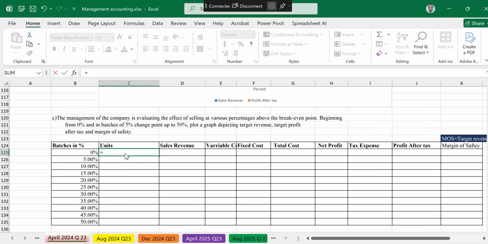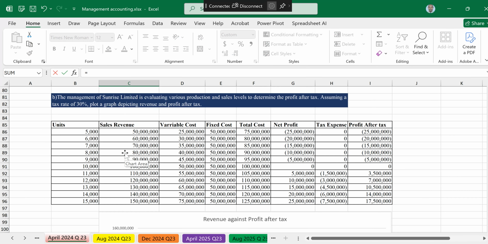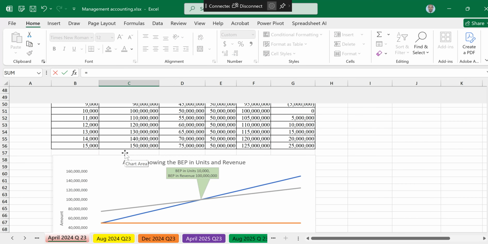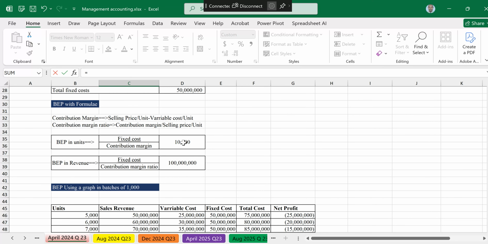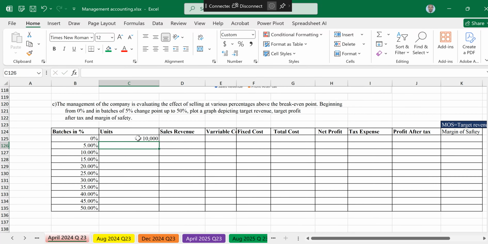The BEP up there, this is the same question. So equal sign 10,000, or you can just write 10,000. Don't lock that, no need. And of course, the first one is at 0%, the BEP at 10,000.